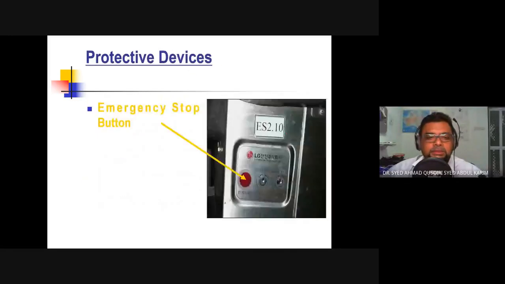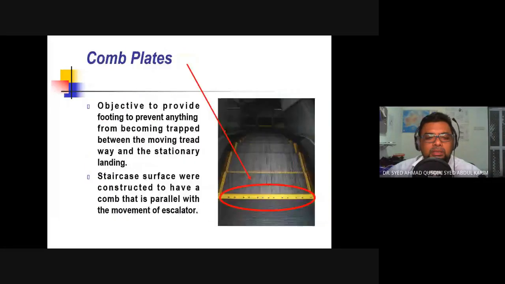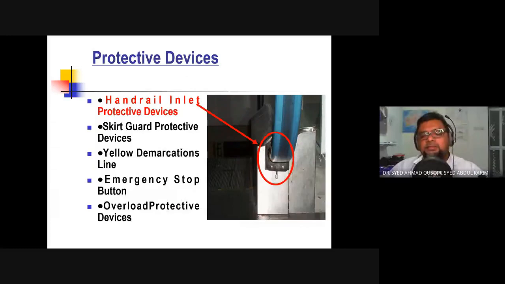And then overload protective devices: this is basically a sensor for the escalator motor. If it detects an overload in terms of the weight of the passengers, it will immediately stop the movement of the escalator.